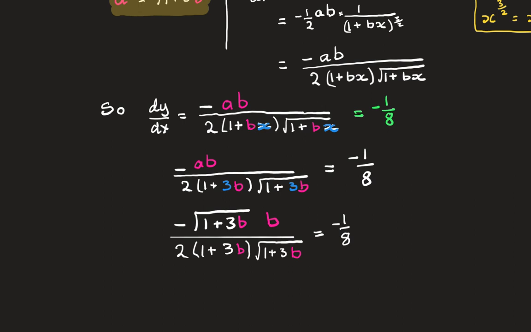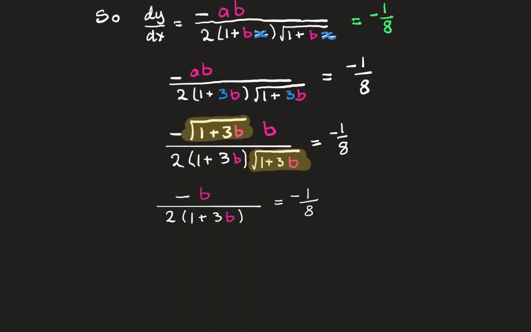And I hope that you can see that in this form, I have this numerator, and in the denominator, two things that I can cross out. And this means that I can now find the value of b, because there's only b in this equation.